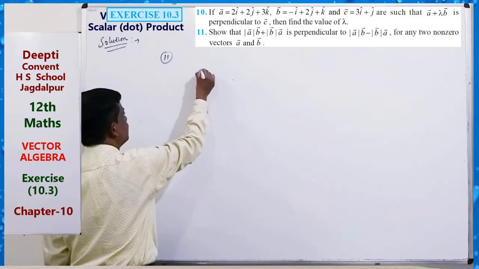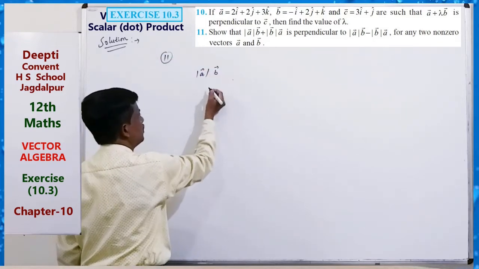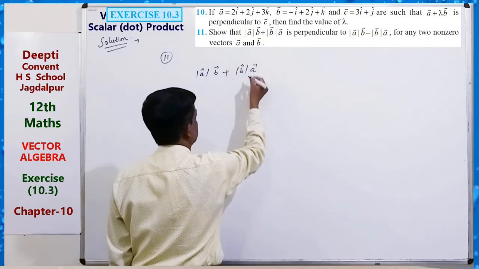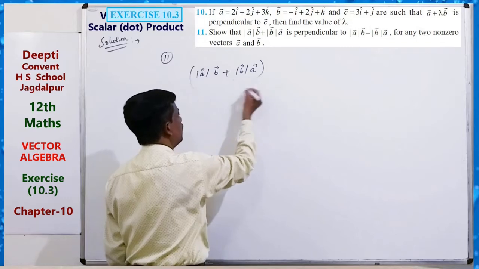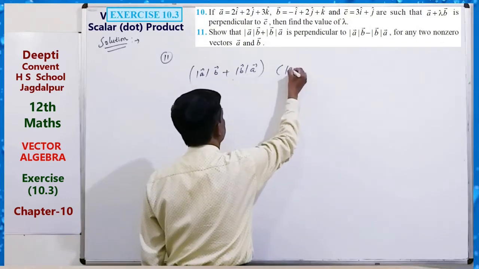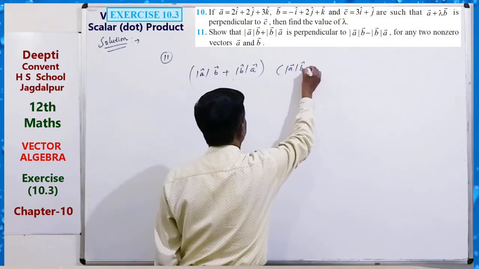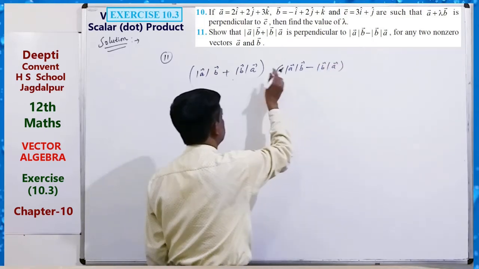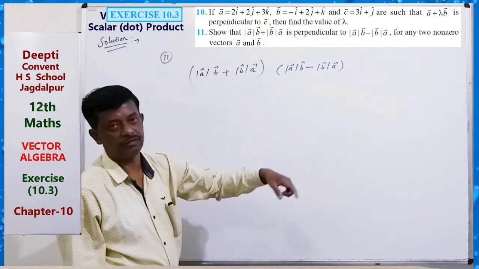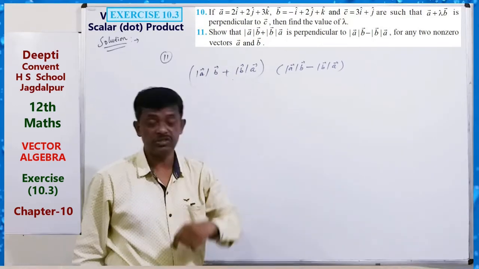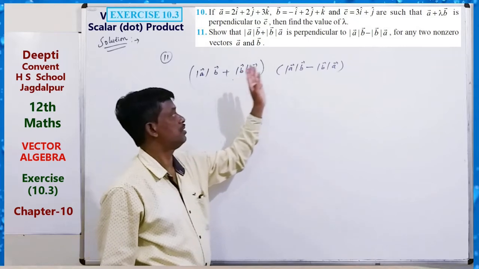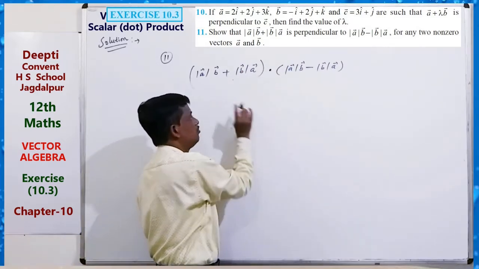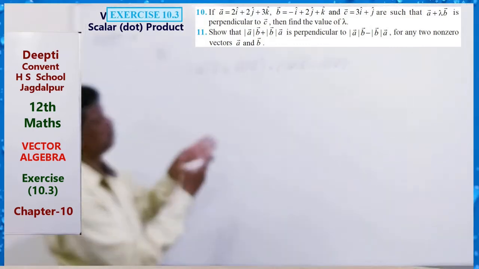Mod A vector B plus mod B vector A. This is a vector. Another vector is mod A B minus mod B vector A. This is a vector, this is a vector, where A and B are non-zero vectors and this is perpendicular to this. That means their dot product will be equal to 0. Just multiply it.